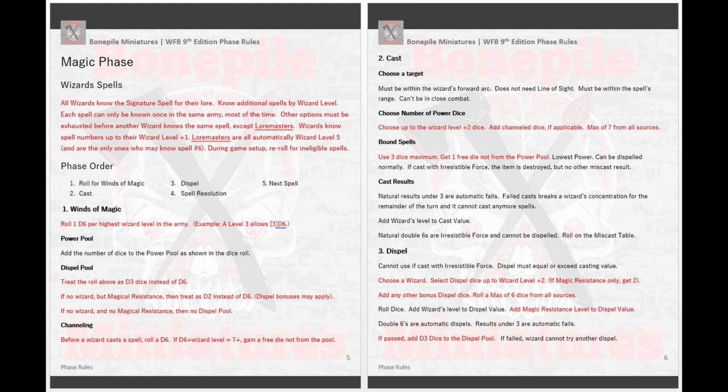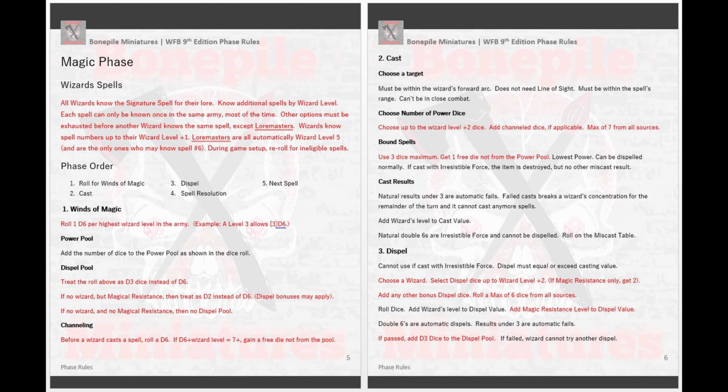Okay, so here's the first page for the magic phase. Now keep in mind as I read through this that my intention was not to eliminate magic, but to merely try to scale it according to your level of investment into it. So let's start reading through the changes.